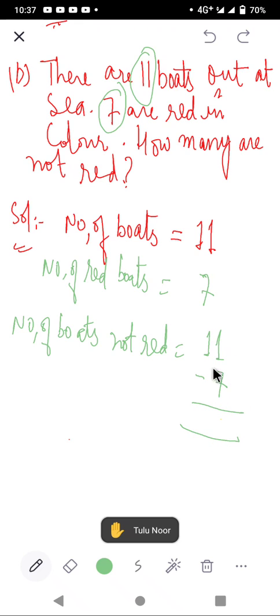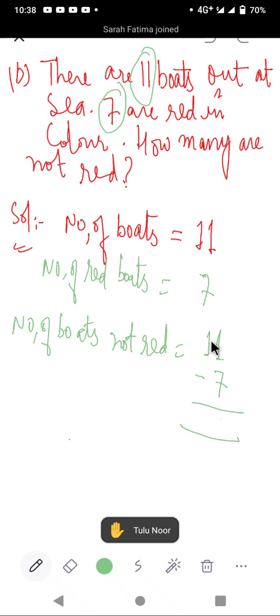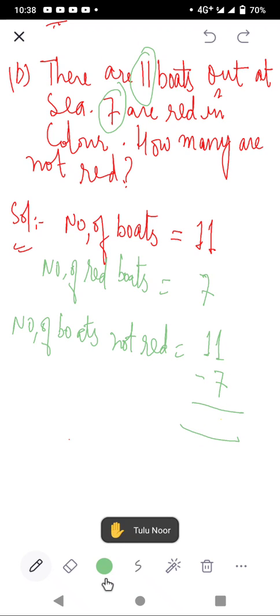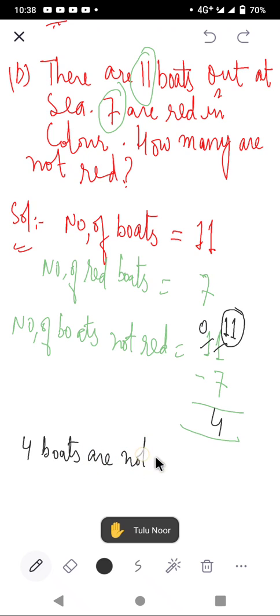We can't subtract 7 from 1, so we'll borrow 1 from the tens place digit. The 1 is already here, and when we take 1 from this side, it will become 11, and here 0 will be left. So 11 minus 7 is 4. So 4 boats are not red.